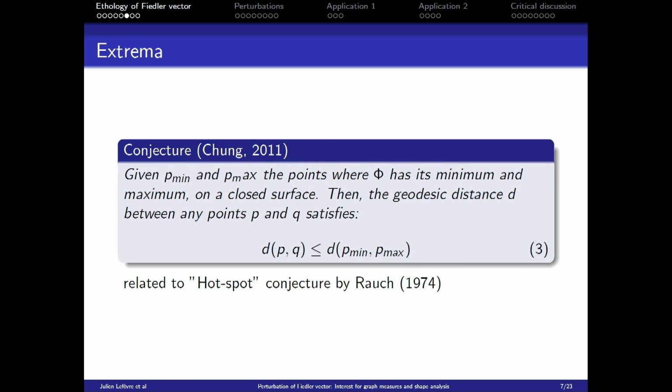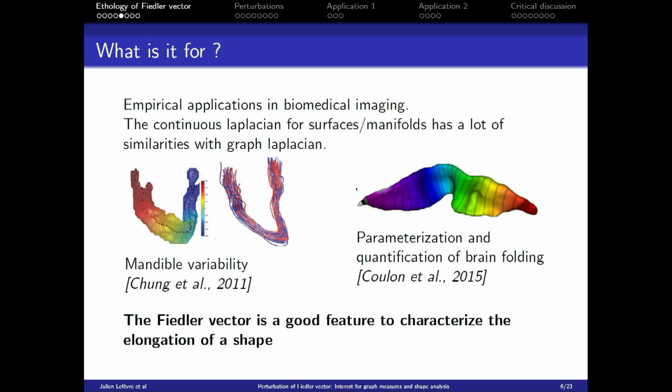This conjecture was proposed by Chung more than 10 years ago, and it tries to formalize this notion of elongation. You consider P min and P max, the two extremal points of the Fiedler vector. In the previous case, it corresponds to that point and that point.